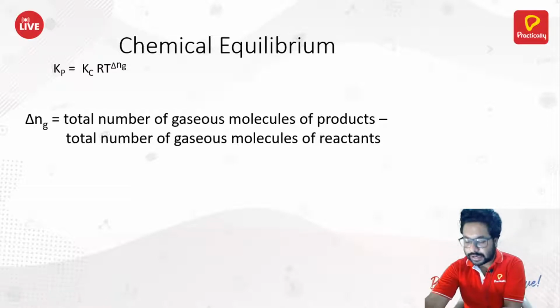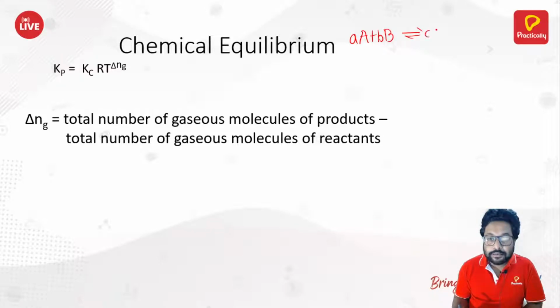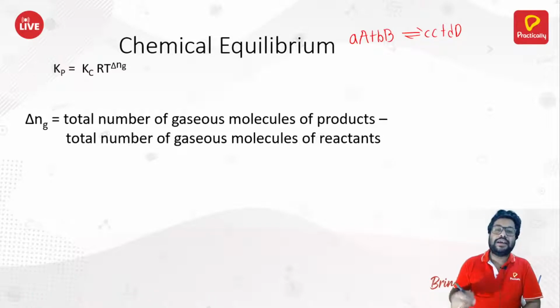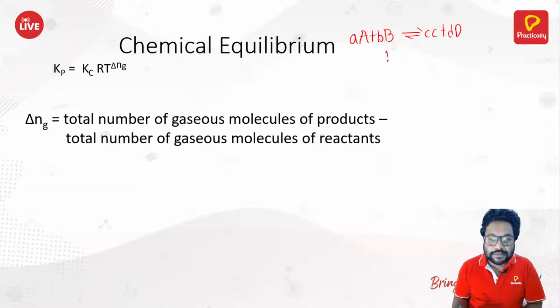If you look at the equation for Kc, suppose you have a moles of A reacting with b moles of B to give c moles of C and d moles of D. Now this small a, small b, small c and small d are called stoichiometric coefficients. And capital A, B, C and D are the species which are reacting in that particular reaction. Then how do we write Kc for this?